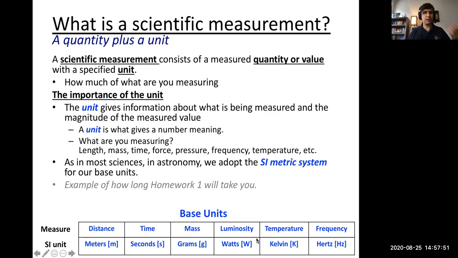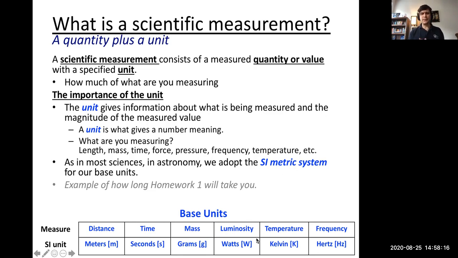So you can think about it like, oh, how bright is that light bulb? It is a 40-watt bulb. It's a 100-watt bulb. For temperature, we use Kelvin. And for frequency, cycles per second, we use the hertz. All of this is really the SI metric system that I'm telling you about, which is sort of the standard for almost all the sciences, and it's what we use in astronomy as well.